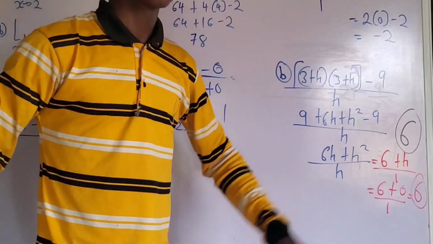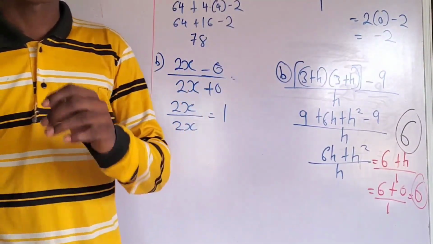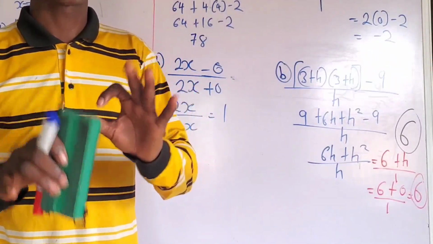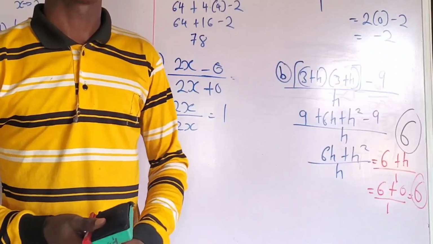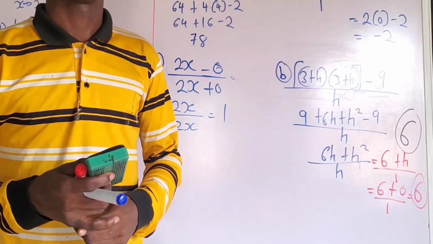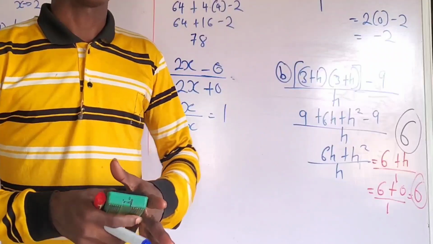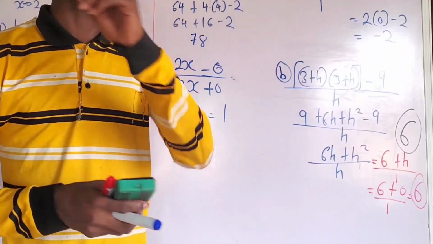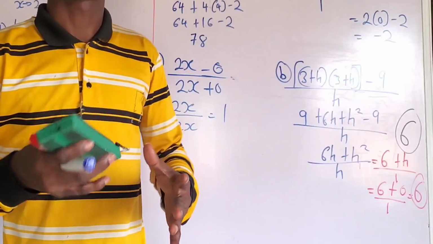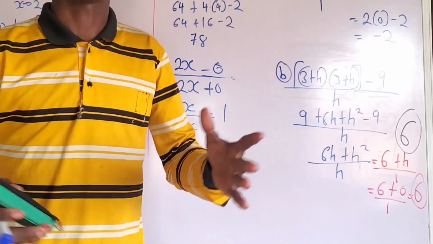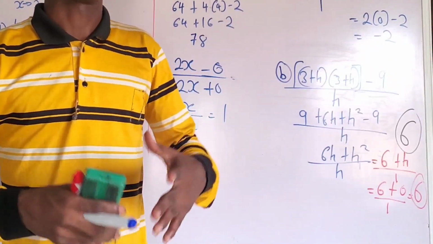So you can see that whether L'Hospital or the manipulating method, you're still going to arrive at the same answer. So if you come across any function in the exam and you discover that direct substitution will not work, it's better you use number 1, L'Hospital rule, or try the manipulating method. And if those two methods do not work, then if the function consists of a square root, you can rationalize. And if it doesn't, you can simplify it.